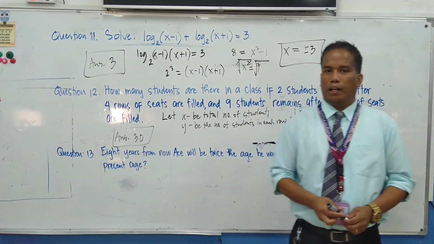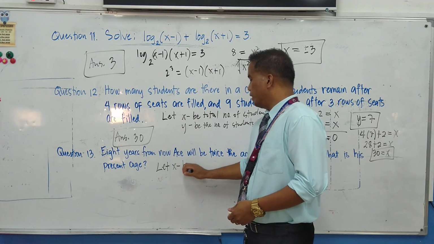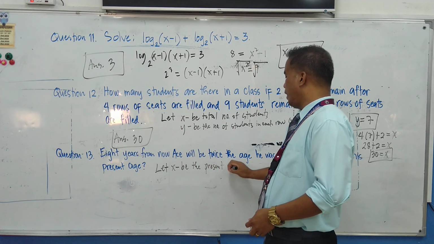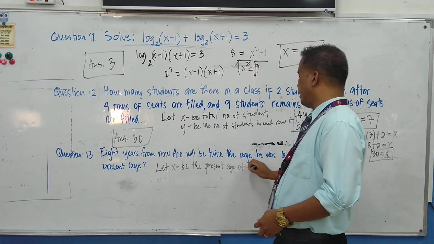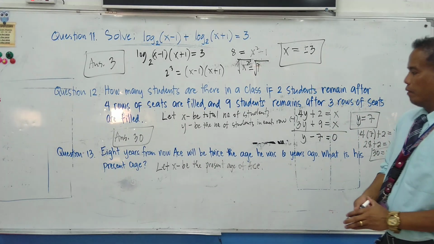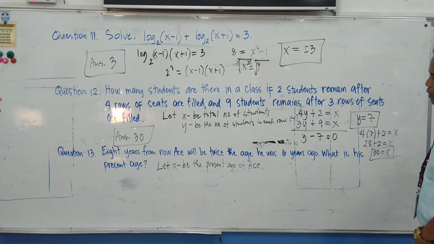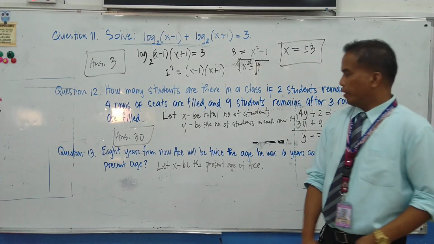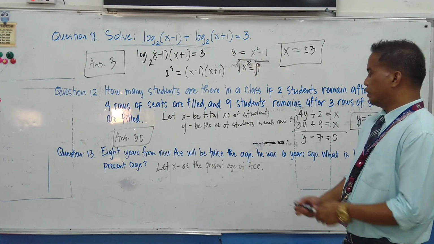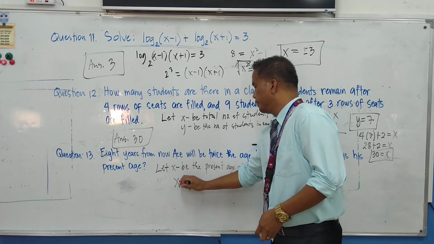In this case, we will let x again be the present age of Ace. Okay? Now, from the first sentence, 8 years from now, Ace's age, the mathematical expression will be x plus 8.